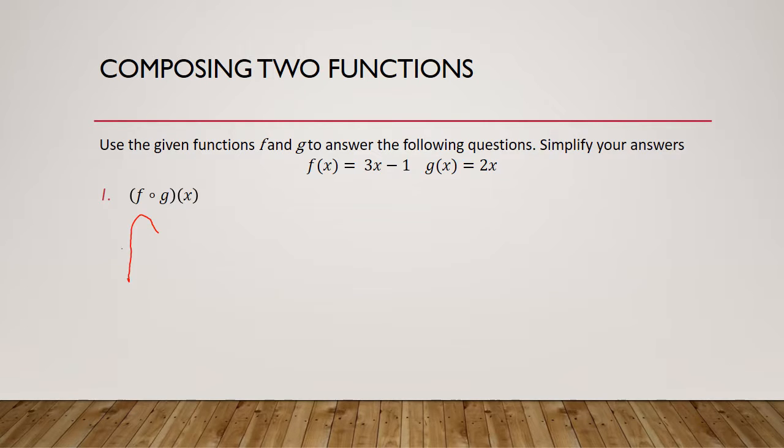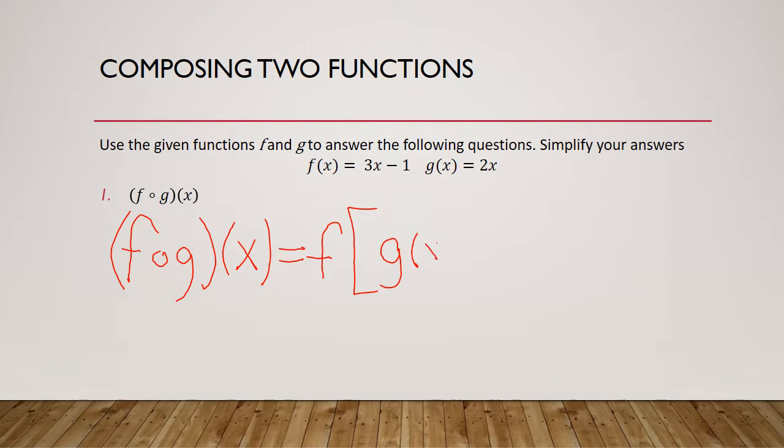So I want to find f of g of x, which is f of g of x, right? Using the rule. But g of x is 2x, so I want to do f of 2x. So I'm going to replace g of x with 2x. That means take the function f and replace all your x's with this thing, 2x.